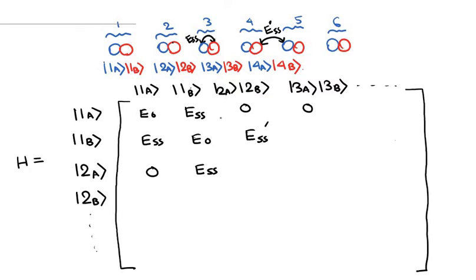The third element is the coupling of this wave function with itself, so this is E0. This is actually ESS dash, because of the coupling between these two far away atoms.